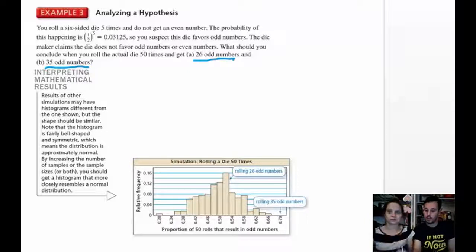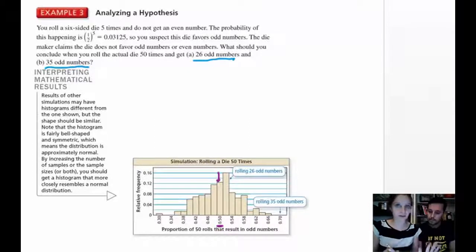So if you're looking in this region here, where it says 0.50, this is representing the percentage of time out of the simulations that we got exactly 50% odd. This is a relative frequency. It looks like about 0.12. Out of the 200 times, no, it's 24 times.